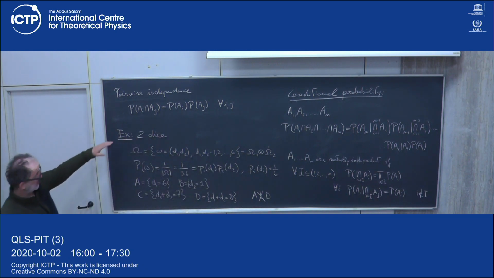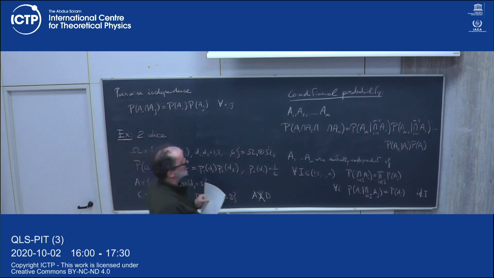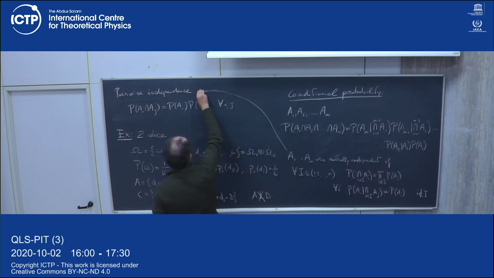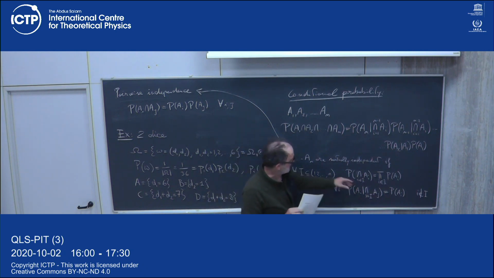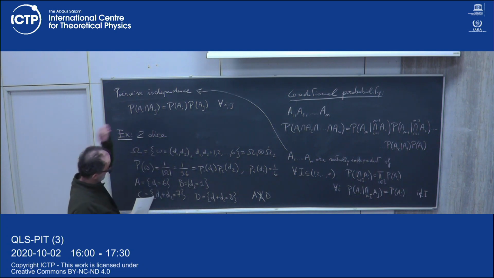Okay, so of course, if the events are mutually independent, then they are also pairwise independent, because this definition here is contained in that.